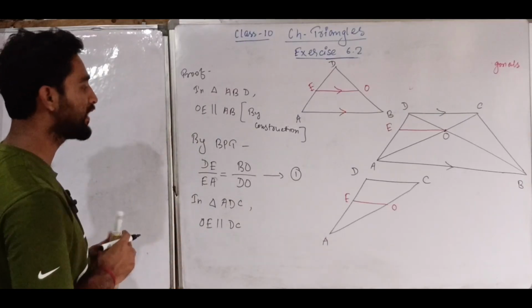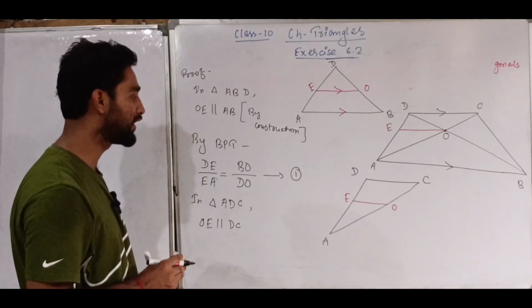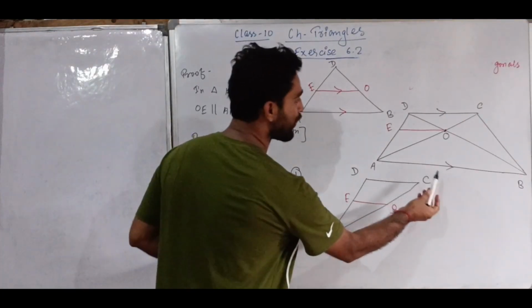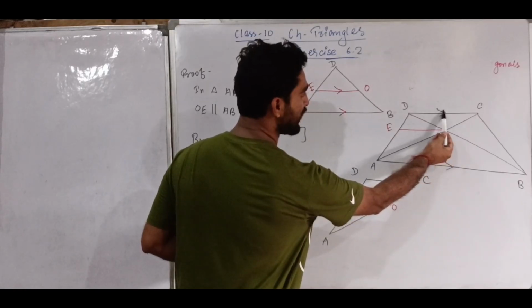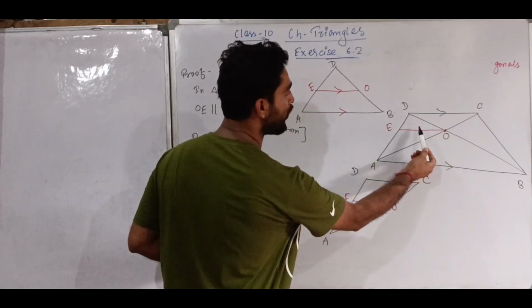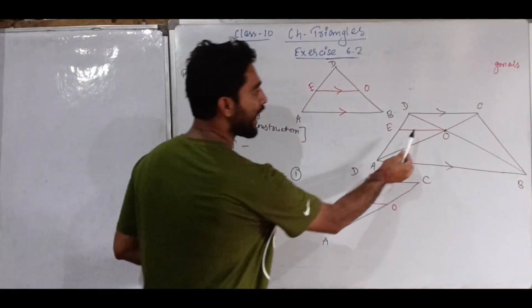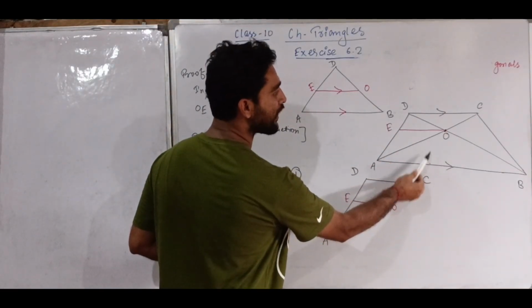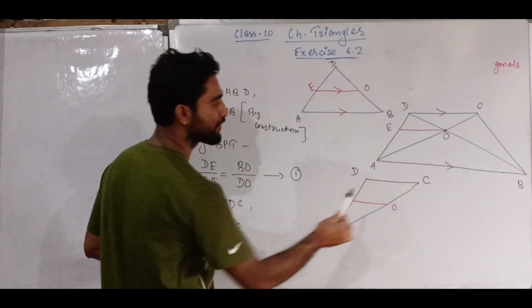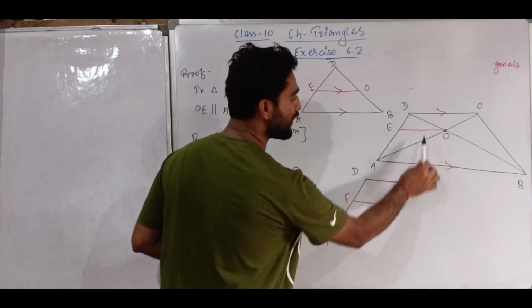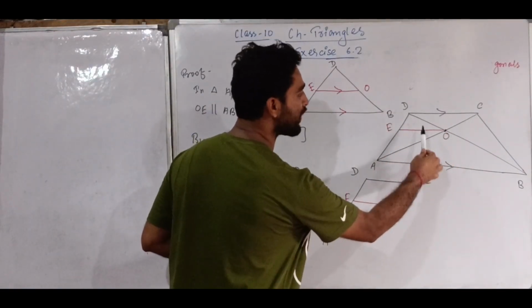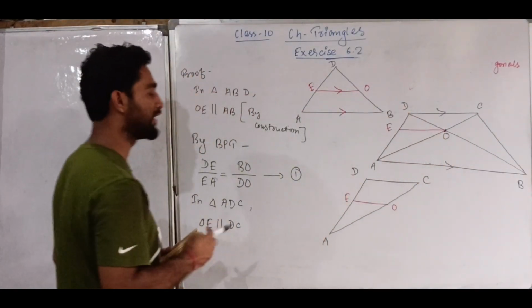So why can we say this OE is also parallel to DC? In the question it is given AB parallel to CD, and from the construction we know OE is parallel to AB. One theorem we know: lines parallel to the same line are parallel to each other. Since AB is parallel to CD and OE is parallel to AB, we can say that OE is also parallel to CD.